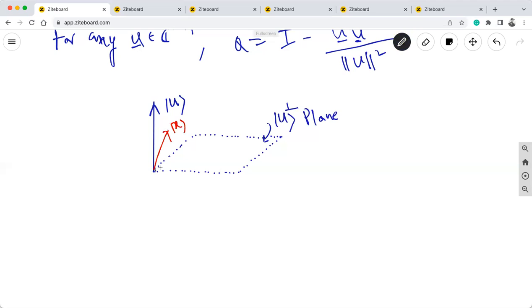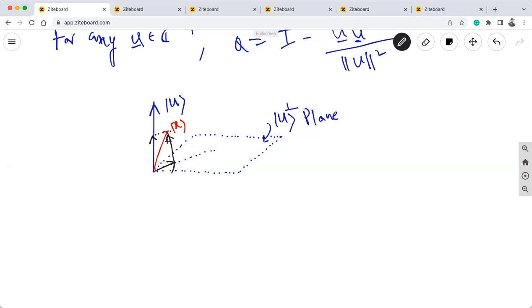Obviously you can take the projection of this particular vector on this plane. So there is some other vector, this one, and you can also connect this to the vector u by some vector.